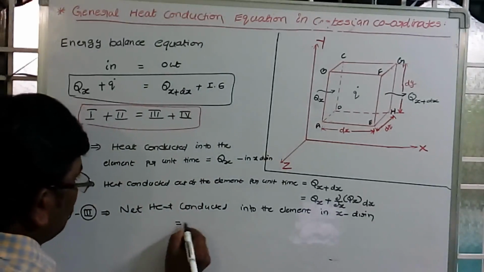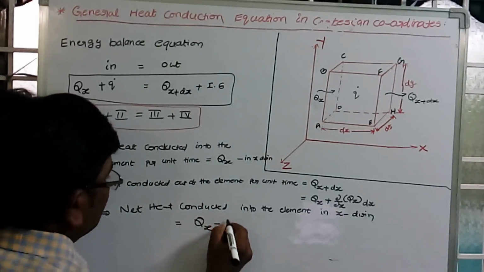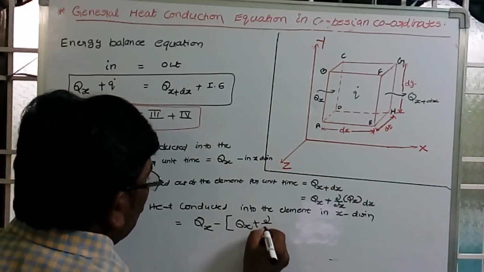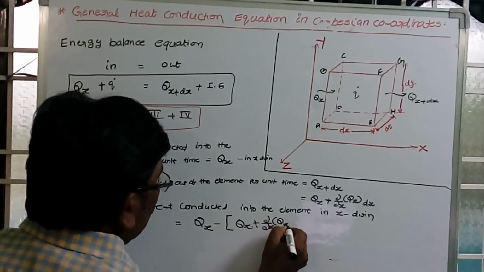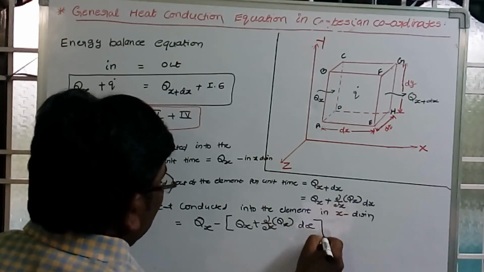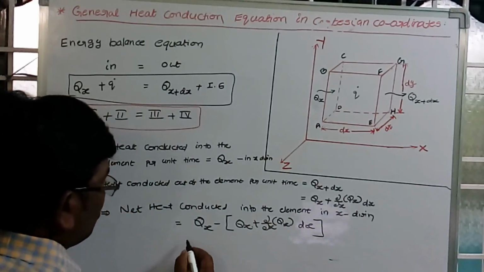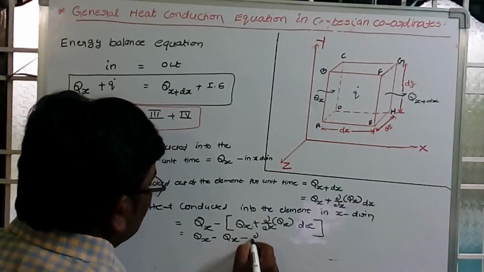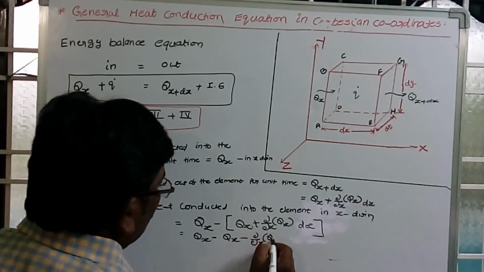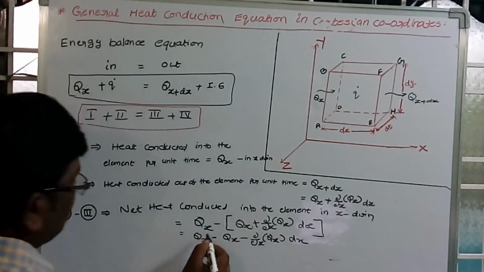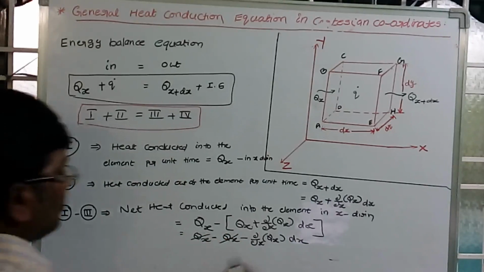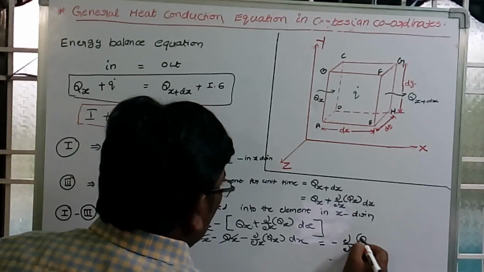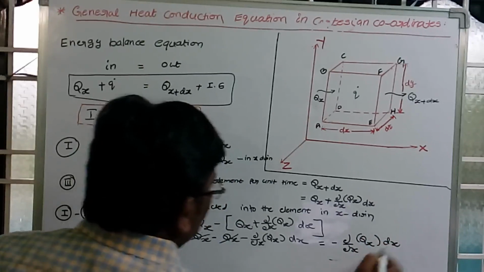That is equal to Qx minus Qx plus dou by dou x of Qx into dx. So this is Qx minus Qx minus dou by dou x of Qx into dx. Qx minus Qx cancel, remaining minus dou by dou x of Qx into dx.